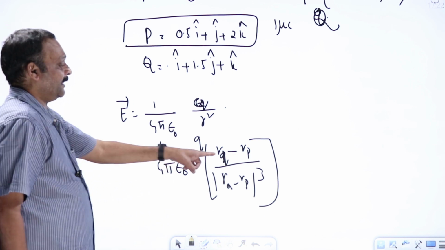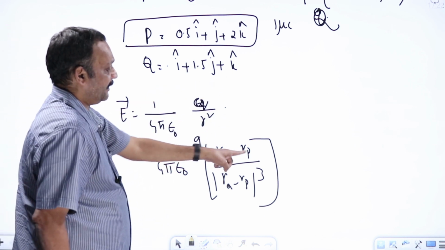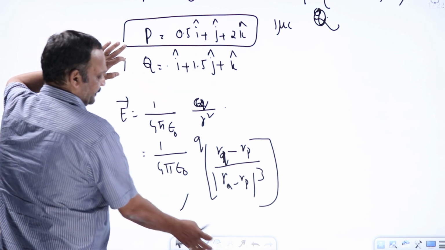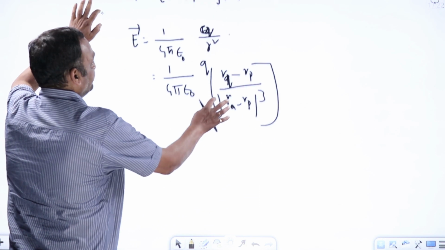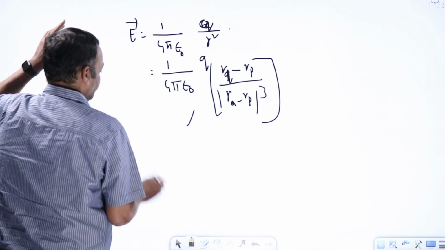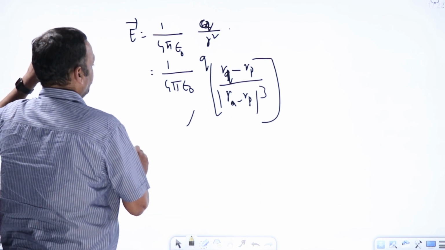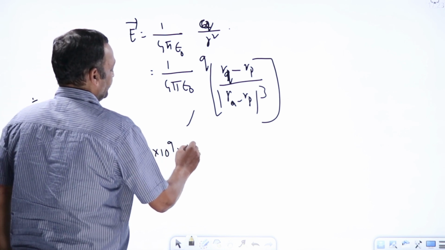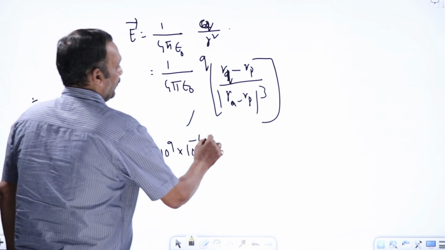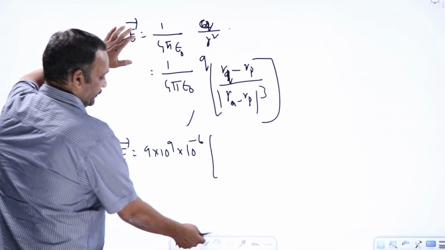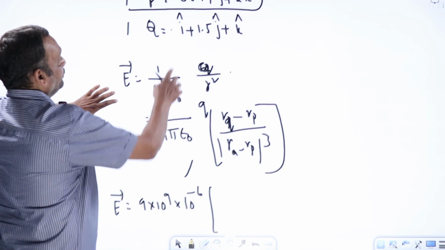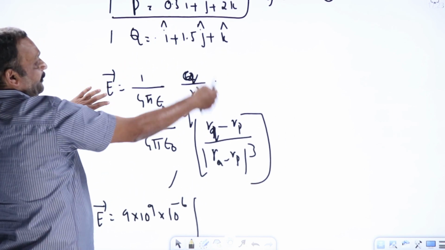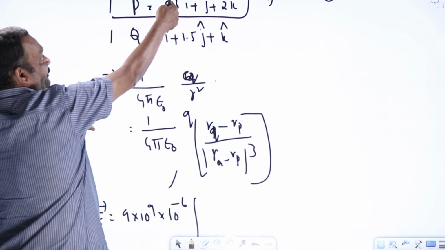So RP value is this, RQ value is this, as given. Now substitute the values and simplify. E bar equals 9 into 10 to the power 9 into 1 microcoulomb, which is 10 to the power minus 6, into RQ minus RP. The position vector of point Q is this.